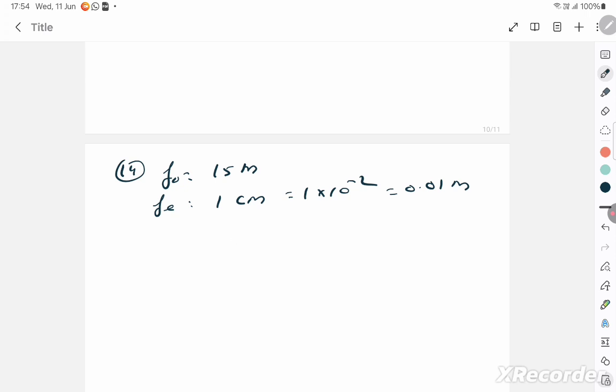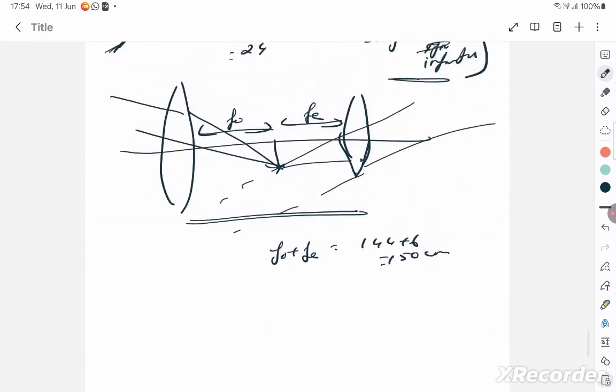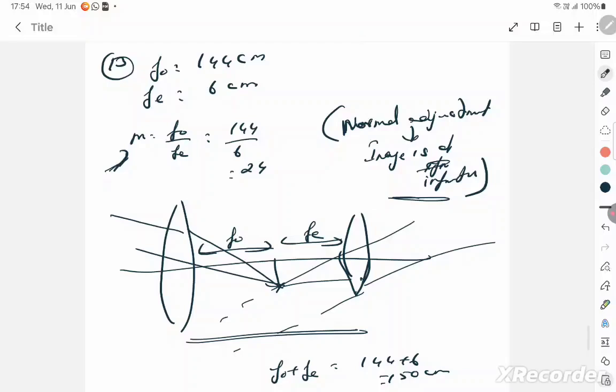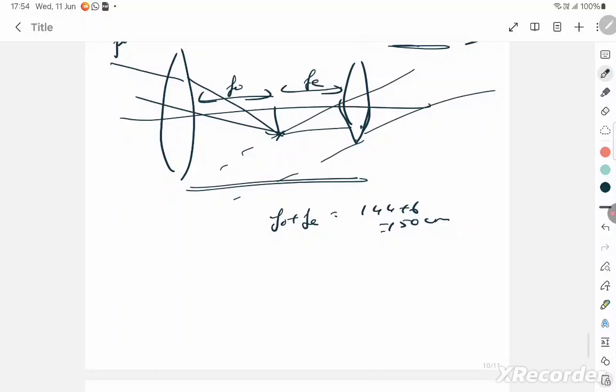See, the previous question, what is the magnifying power of the telescope? The previous question I did where M is the magnifying power. Here they are asking what is the angular magnification.